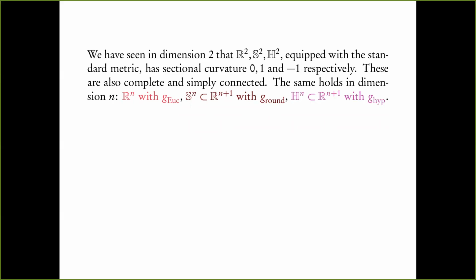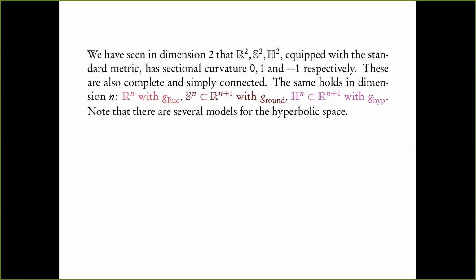What about -1? Well, there's a similar model for the hyperbolic space instead of the plane. So this is Hn inside Rn plus 1 equipped with the hyperbolic metric. It's a metric which has constant sectional curvature -1. So you might ask, what is a model for Hn? Because we know what H2 is. What about H3, H4, and so on? Well, there are several models for the hyperbolic space.